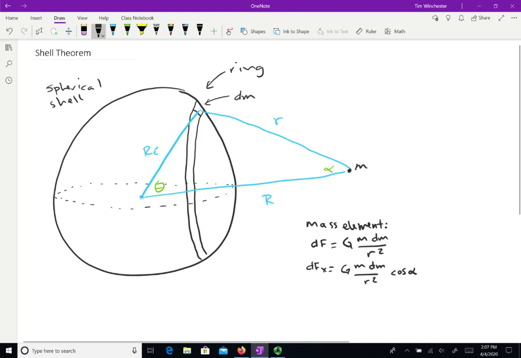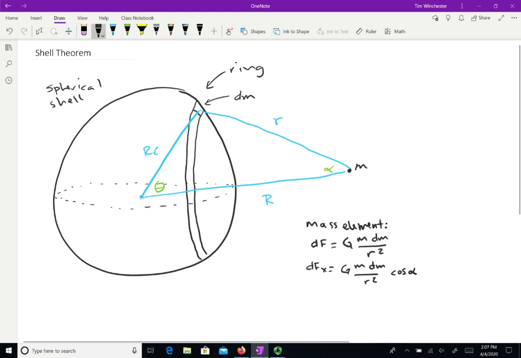But then if we consider the situation, every element along the ring is going to contribute that exact same amount of force. It doesn't matter which part we look at, the x component is always going to be the same. There might be different y and z components, but once we add up the whole ring, those are going to cancel out, and all that will be left is just the x component.